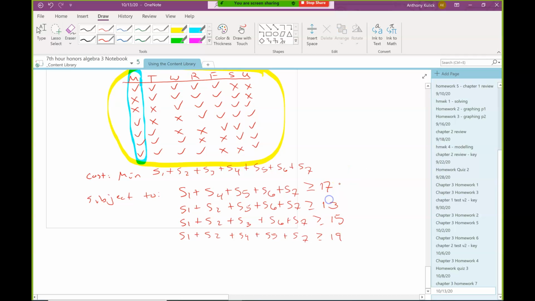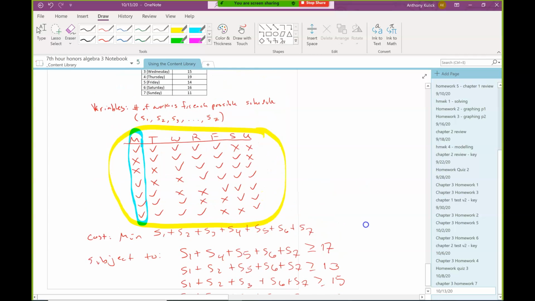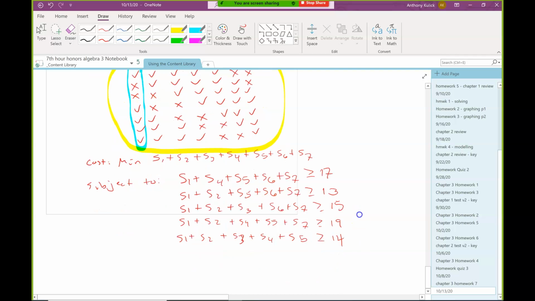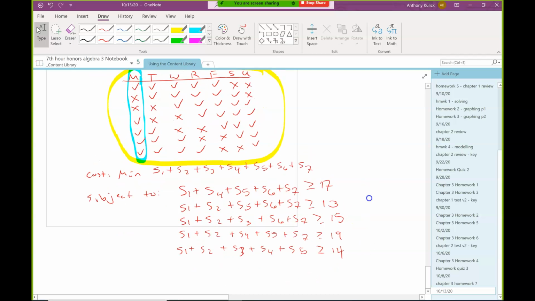Okay. And then for Friday, 3, 4, 5. How many do we need on Friday? 14. Okay. And then the next one is Saturday. Okay. I think there was 16 we need for Saturday. And the last one is Sunday, right?